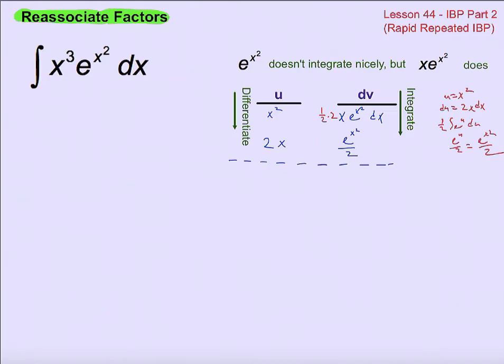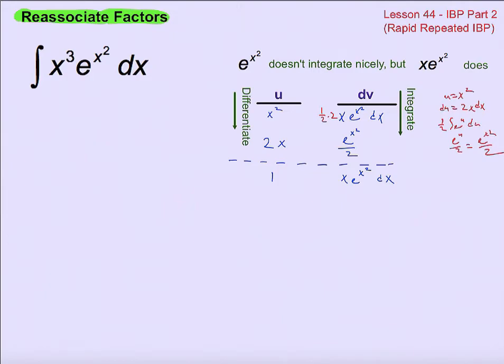All that I'm doing is taking the x from this column and moving it over to that column. Now, while I'm at it, I might as well take the 2 also, because it'll cancel out the over 2 in the other column. So what I'll be left with here is 1. And in the other column, I now have x e to the x squared dx.